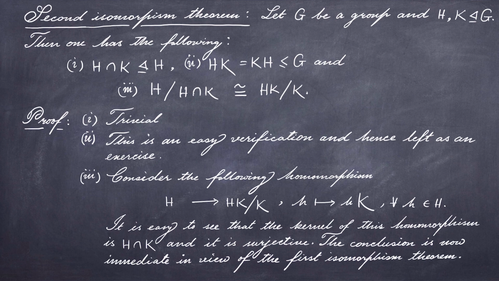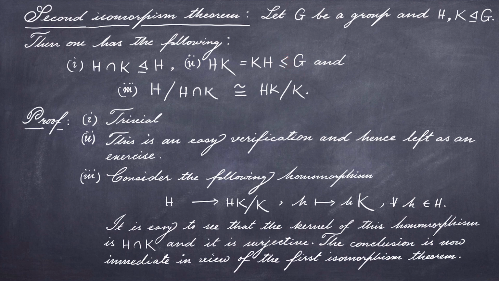Here we have two normal subgroups H and K. Nothing is assumed about whether H is contained inside K or K is contained inside H. These are just two normal subgroups of G. Then one has the following: the intersection is a normal subgroup of H. Of course that has to be true, because the intersection is a normal subgroup of G, so it has to be normal in H. Then since both are normal, HK will be equal to KH, and that will be of course a subgroup of G. In fact it will be normal.